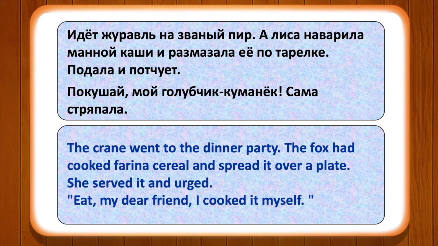Next sentence we have, идет журавль на званый пир.